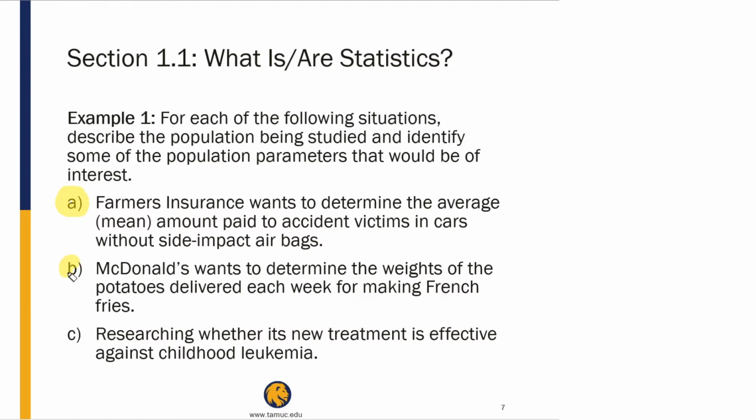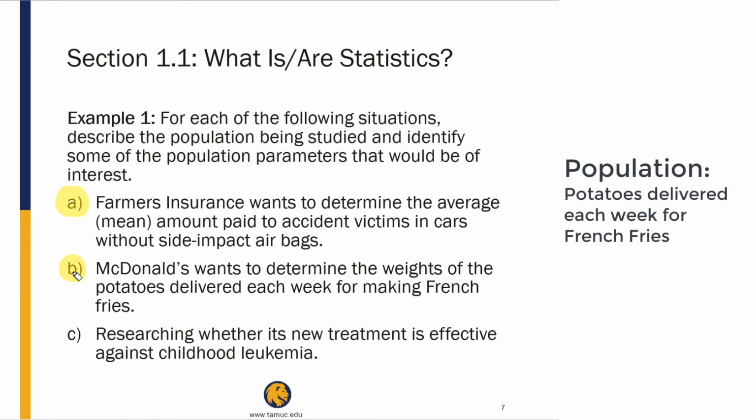We talk about this other one here in part B that says McDonald's wants to determine the weight of the potatoes delivered each week for making French fries. Now, the population here is not referring to people, but other things. What's being studied in this case would be the potatoes. So the population of the statistical study would be the potatoes that were delivered each week.